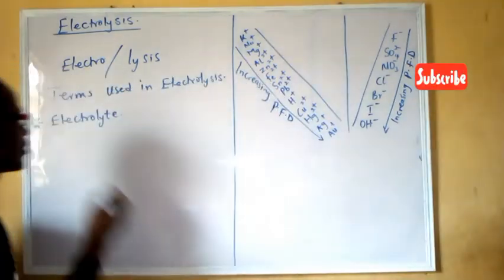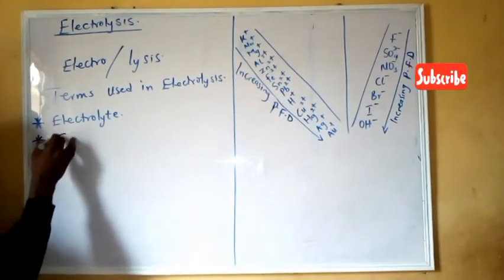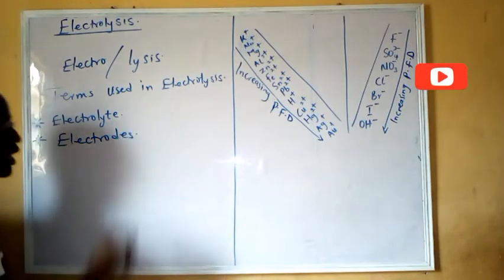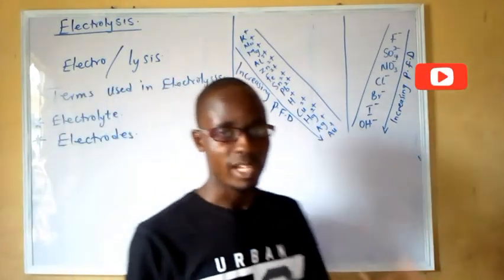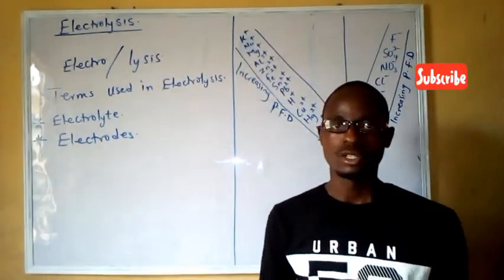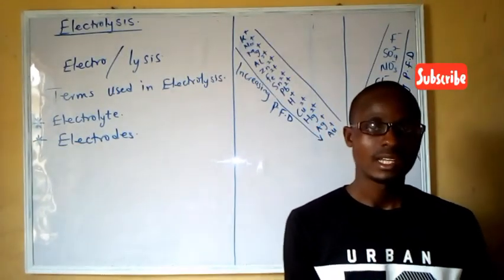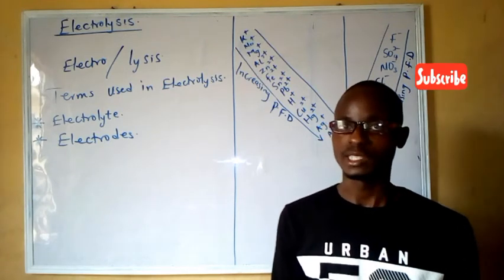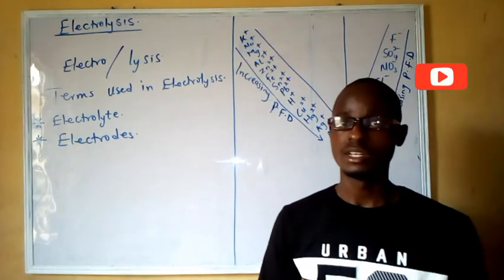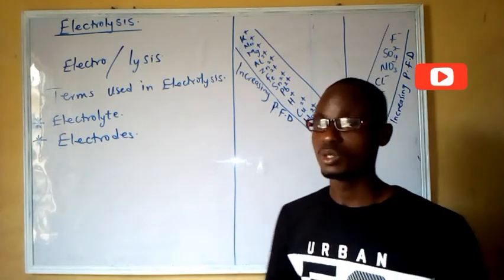We also have electrodes. Electrodes are two metal rods inserted into the electrolyte, through which current enters and leaves the electrolyte. The electrolyte is the substance we are breaking down in electrolysis.